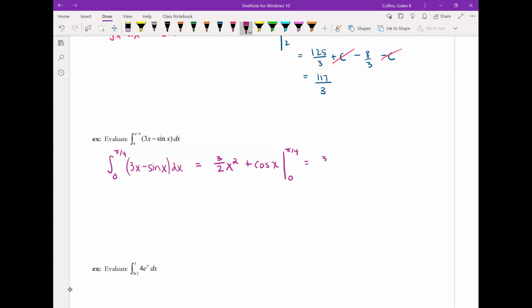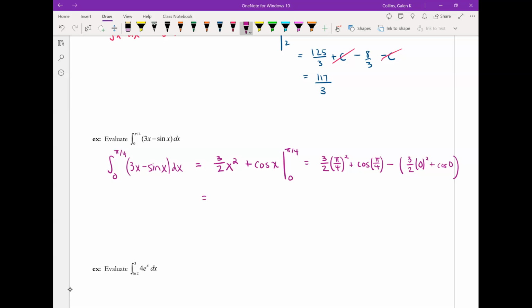So I have 3 halves times pi over 4 squared plus the cosine of pi over 4 minus, and then I must put this in parentheses since I'm subtracting 2 terms, 3 halves times 0 squared plus the cosine of 0.